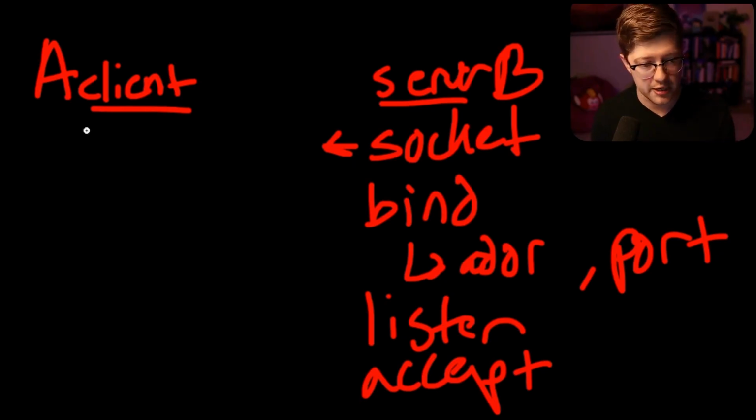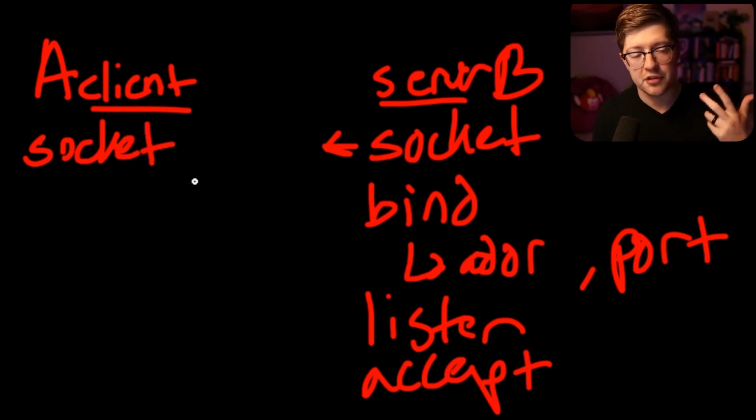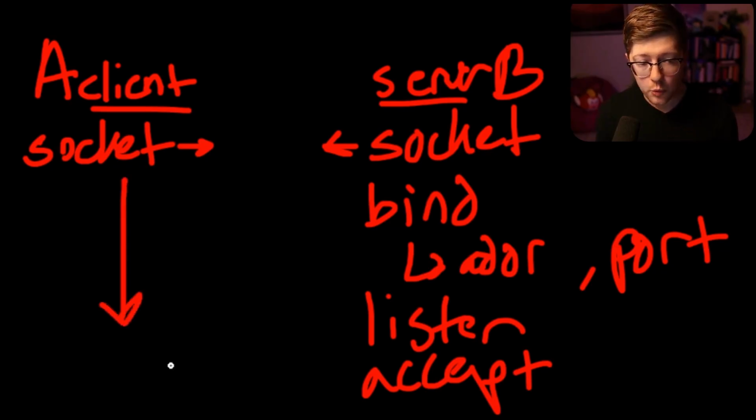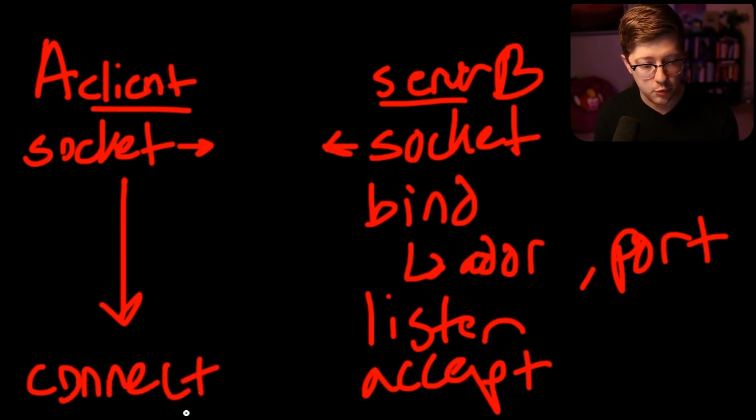So let's walk through what the client does. The socket is created for a client as well. This will represent a socket that can make a connection and eventually will represent the connection to the server, right? So the socket comes out. All of this does not happen on the client. All we do with the socket now is call connect. And what is the connect parameter going to take? Most likely it'll take an address and a port.